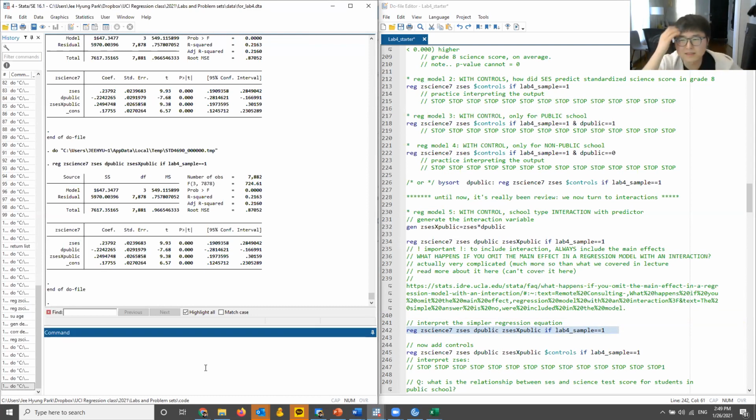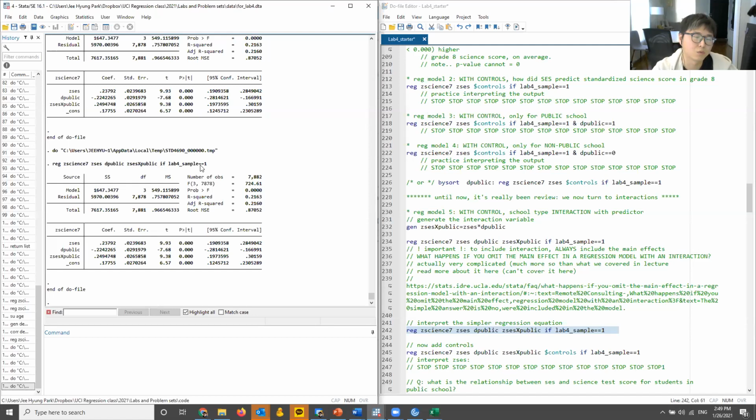Or maybe it's better to say, if you wanted to know from this interaction equation what the relationship between SES and science test score is for private school, how would you do it? What would you look at?